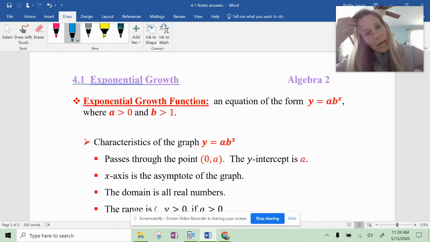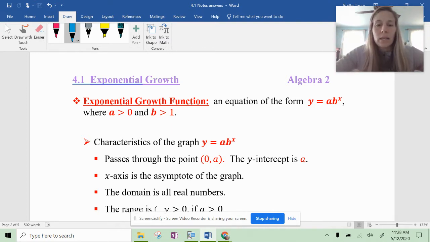So for example, you cannot invest a negative amount of money and expect it to do anything, or have a negative population or even a 0 population and expect anything to happen. So the a value would have to be greater than 0 for either exponential growth or decay. Nothing can happen if you start with nothing or you start with negative, which is not actually possible.